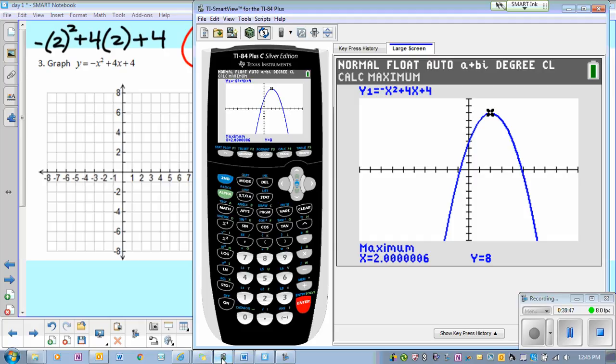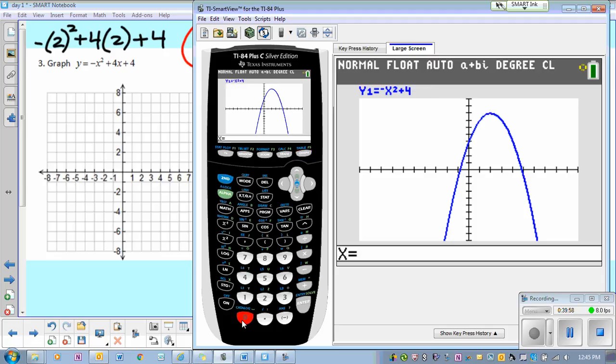What's the y-intercept? Just 8? Graph, trace, 0, enter, 0, comma, 4, which is right there.